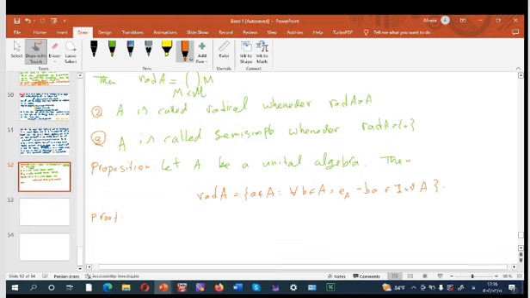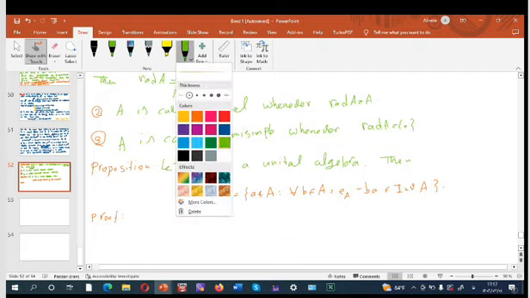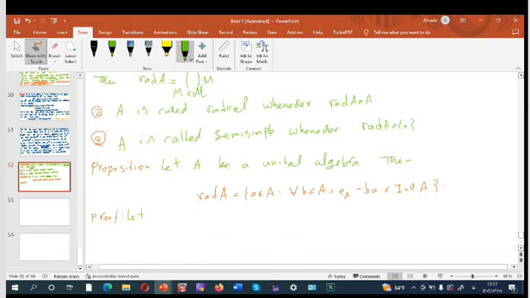And for its proof, we can see that if a belongs to this set, let e minus ba be invertible for all b in our algebra.